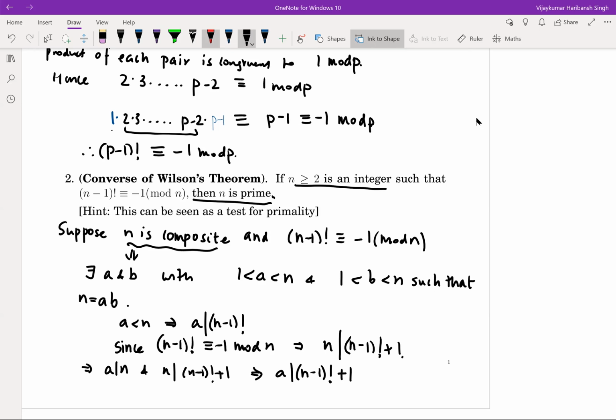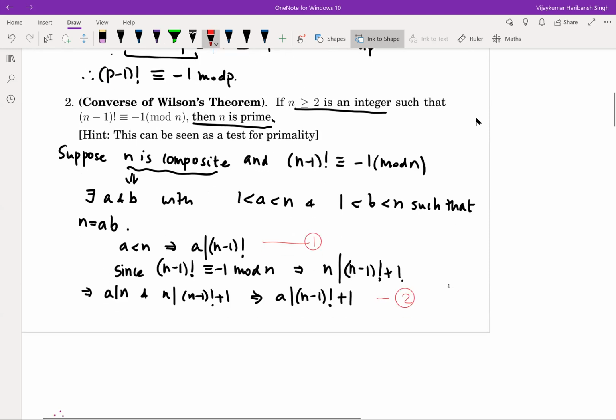But now notice that from this part we have a divides n minus 1 factorial. From this we get a divides n minus 1 factorial plus 1. So a divides a linear combination of them, right? But we need a special kind of linear combination. So a divides n minus 1 factorial plus 1 minus n minus 1 factorial.